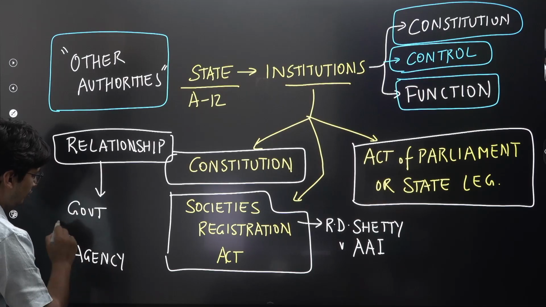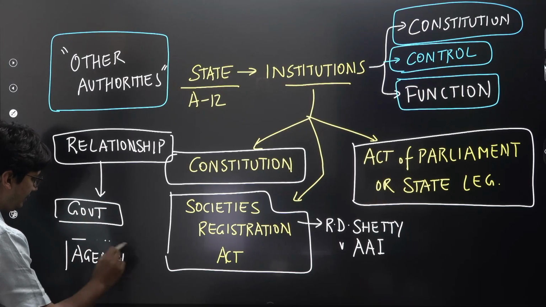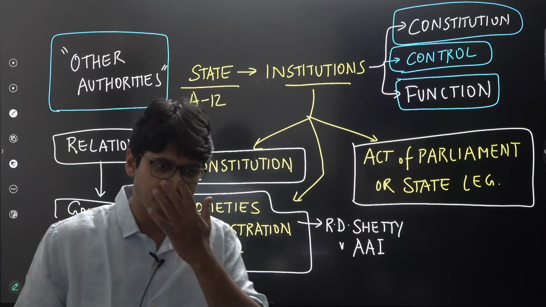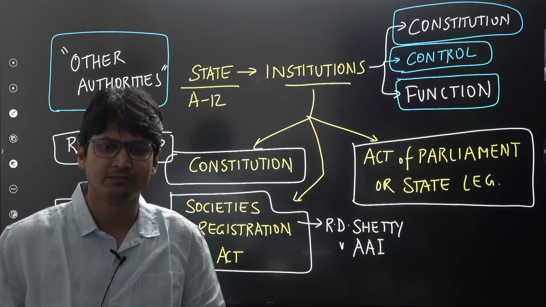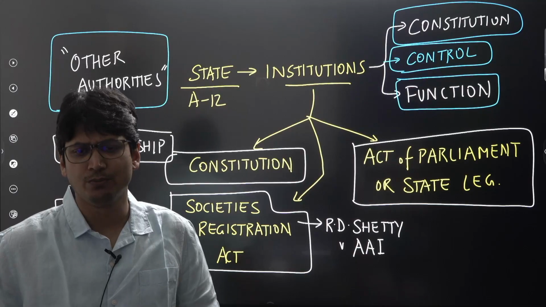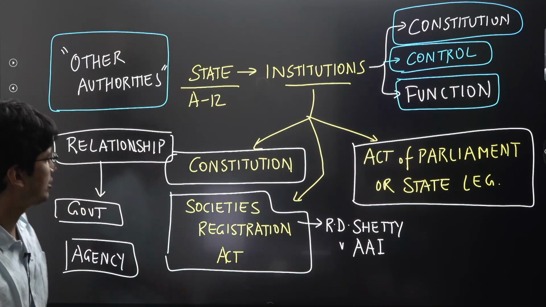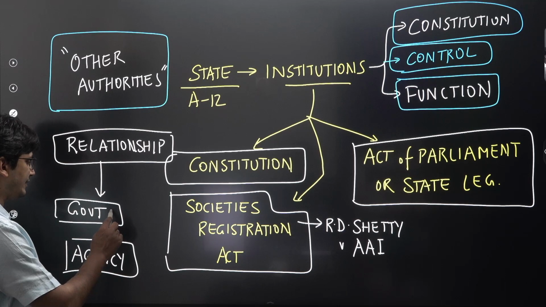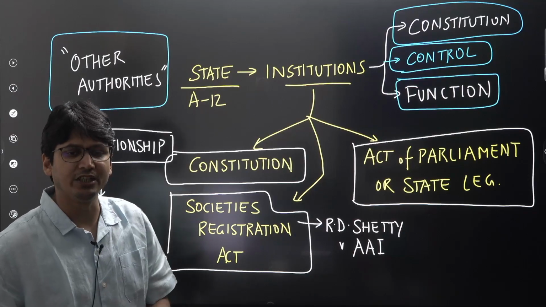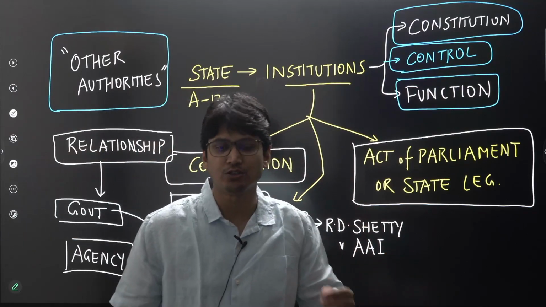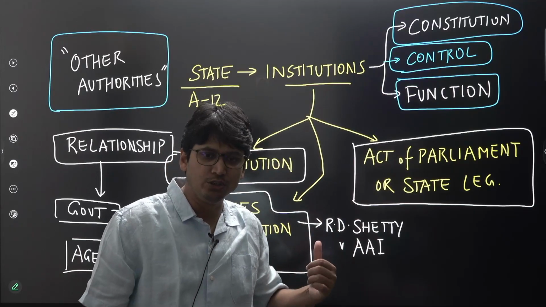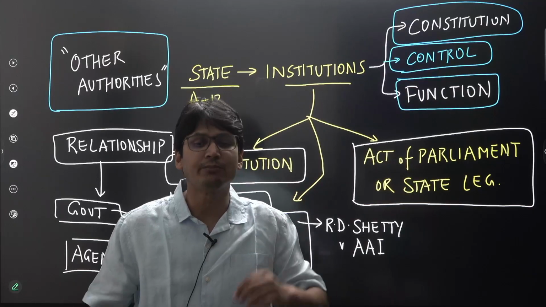This test was provided by the R.D. Shetty case and also Ajay Hasia case, further elaborated upon in the P.D. Viswas case also. So this relationship between government and its agency or any institution which can be categorized as an agency of the government was further elaborated upon by the Supreme Court judgments. So all these ideas which I have just told you were an elaboration by the Supreme Court.